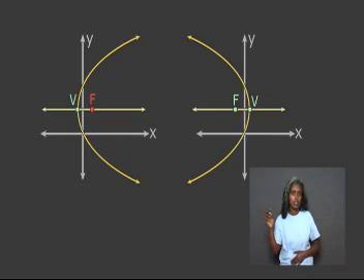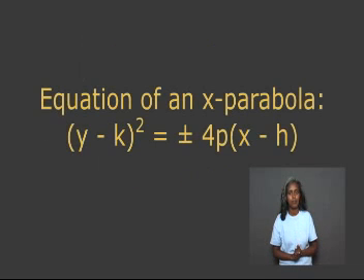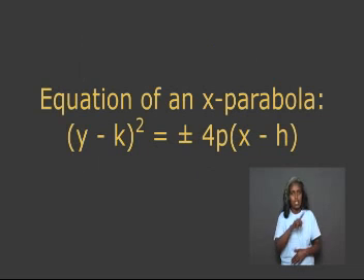If the focus is to the left of the vertex, the parabola opens to the left. When the parabola opens to the left, the sign in front of 4p is negative. Thus, the equation of an x parabola is (y minus k) squared equals plus or minus 4p times (x minus h).